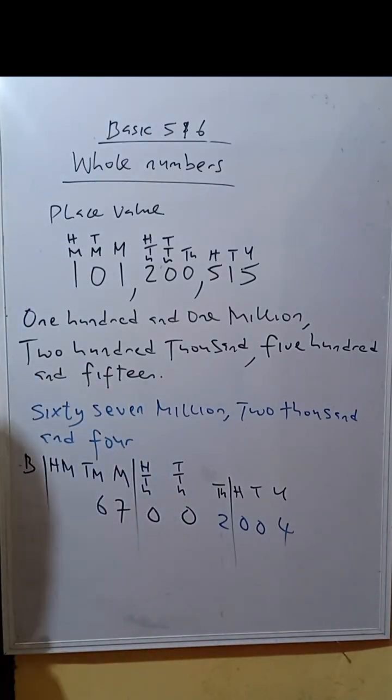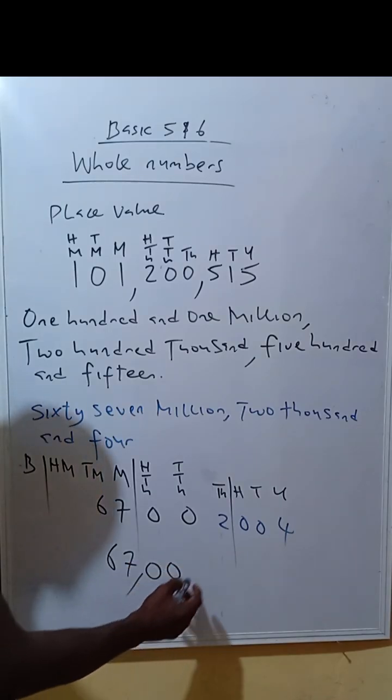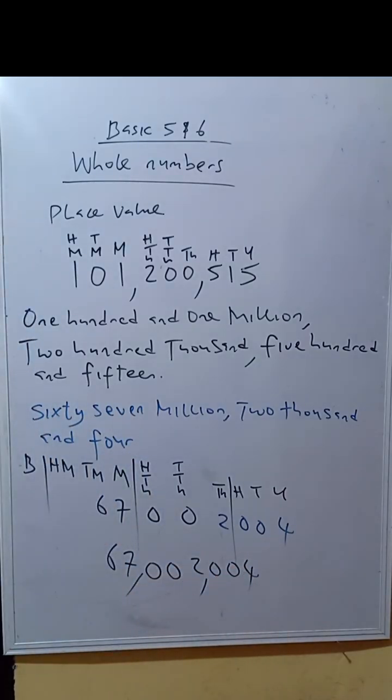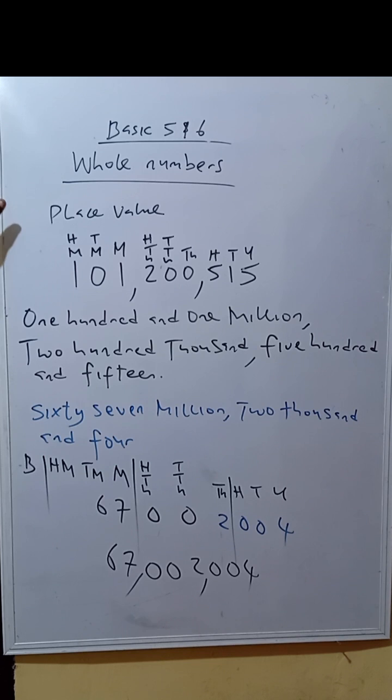If I'm to write this, I will have 67 million, comma, 002004. 67 million 2004.